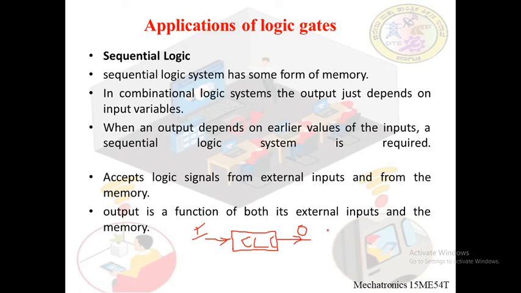For example, if we take the automatic washing machine, in general it starts with the wash cycle. First it starts with soaking, next it goes for washing, first soaking, washing, next rinsing and finally drying. These are all the 4 cycles.